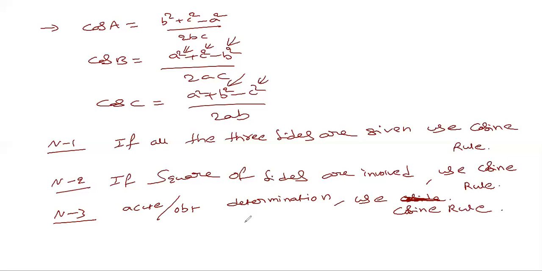If you want to identify whether A is obtuse or acute, find cos A using this formula by using the given three sides, substitute here.